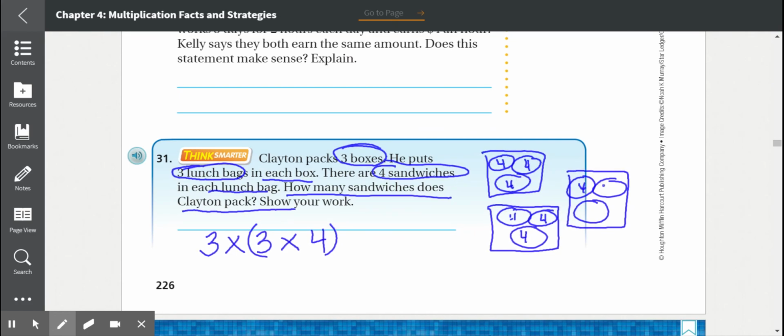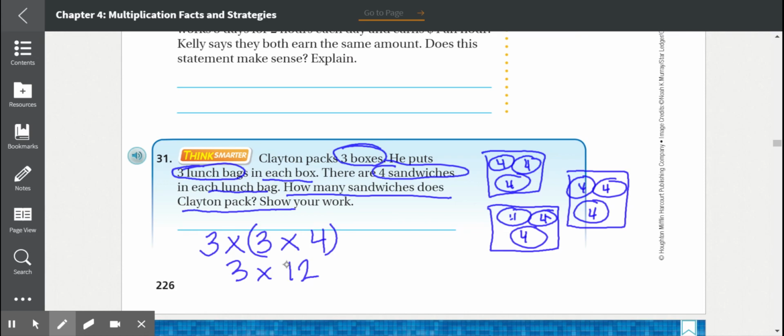So this is just a bunch of equal groups. So we know we can multiply to find the answer. Start with 3 times 4, because we have 3 lunch bags in each box and there's 4 in each. So 3 times 4 is 12. And then we need to multiply that by the number of boxes, 3. Okay.